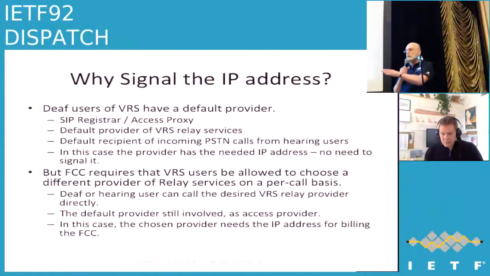If that happens, then you have the default provider in the path, and it is the dial-around provider, who is providing the interpreter, who has to do this IP check, but it doesn't have the IP address of the device. All it has is the signaling that it got from the default provider. So we're looking for a way for the default provider to signal the IP address of the origination device to the provider who's providing the interpreter, the dial-around provider.